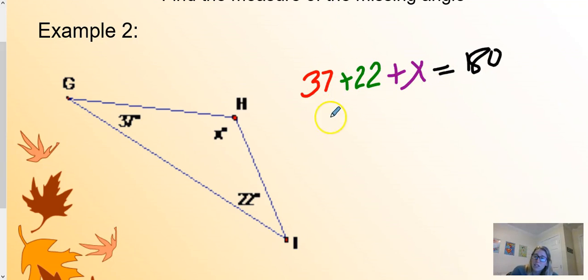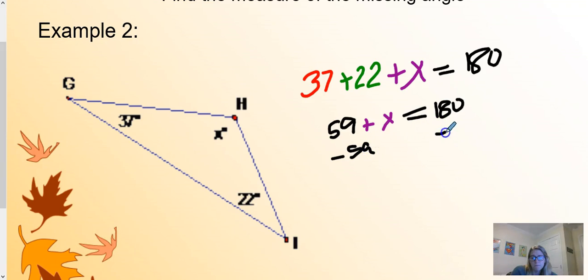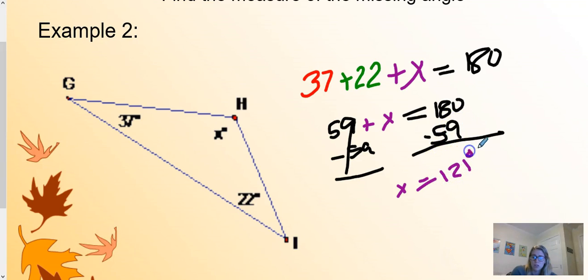So we're going to combine our like terms. 37 plus 22 is going to give us 59, plus X is equal to 180 degrees. We'll subtract 59 from both sides, and we'll get X to be 121 degrees.